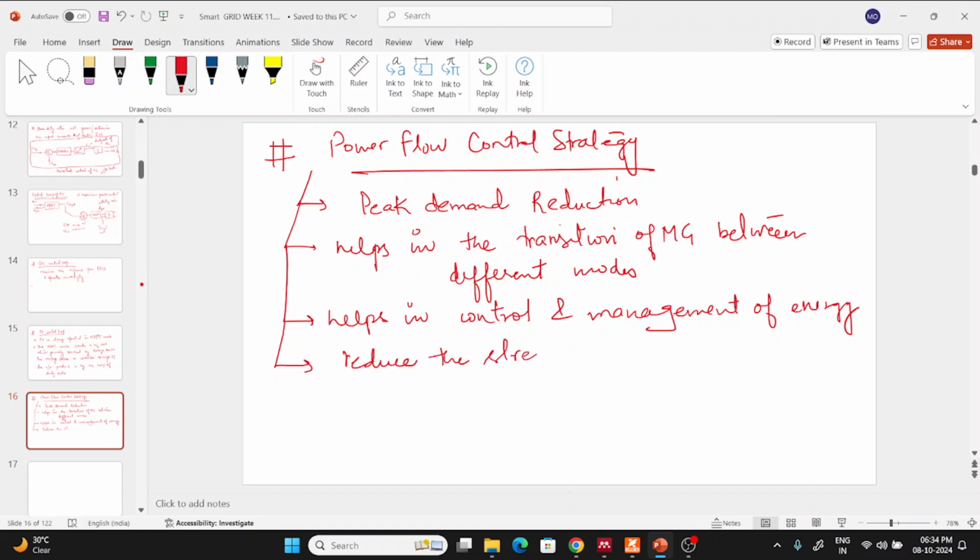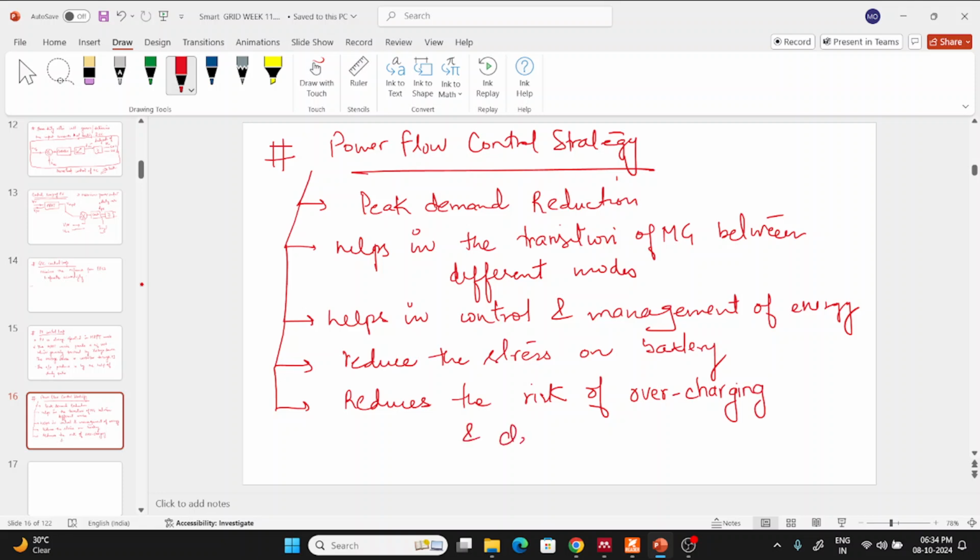the stresses on battery. It also reduces the risk of overcharging and deep discharging. ठीक.